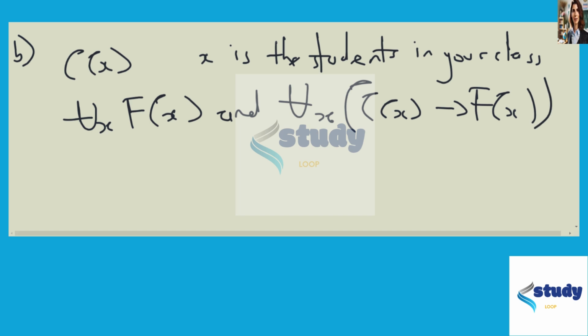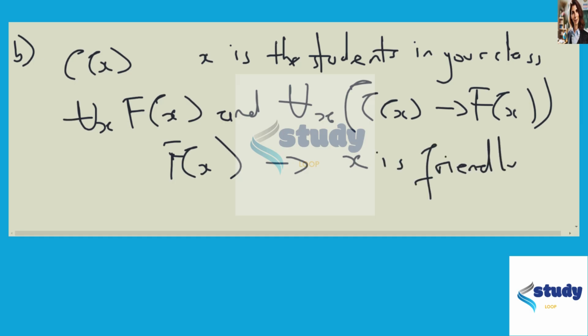So here F(x) means x is friendly. So this is how to write the statement "everyone in your class is friendly" as a logical expression. So let's move on to the C part.